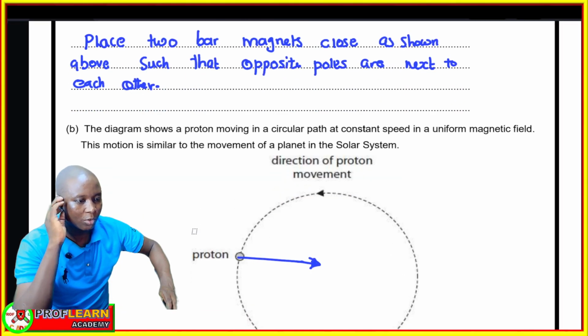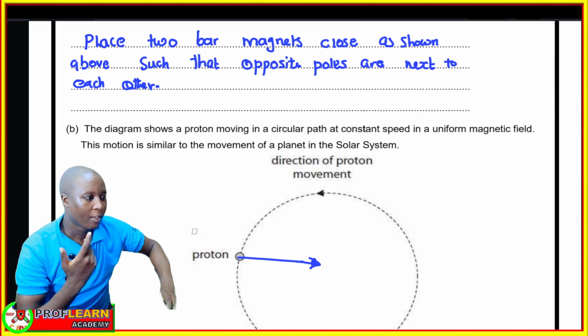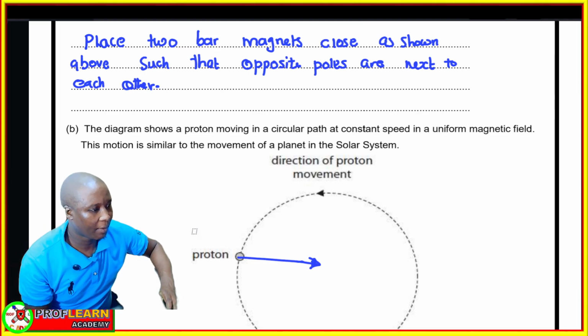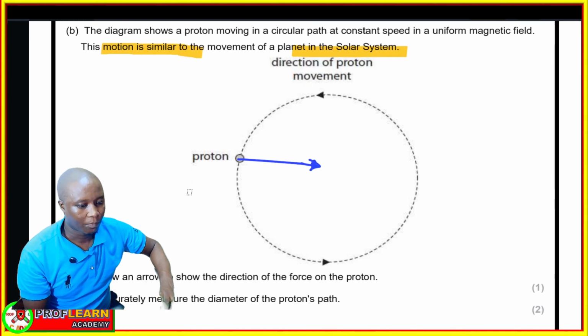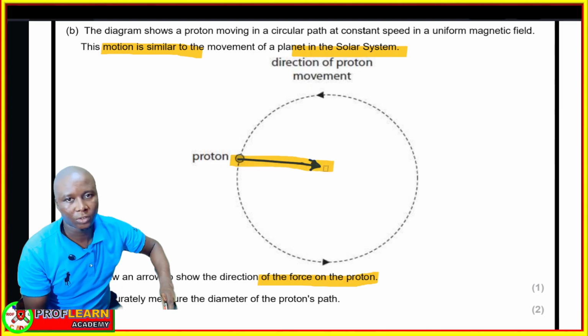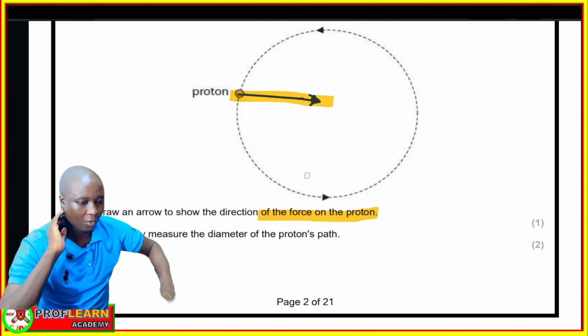And the diagram shows a proton moving in a circular path at a constant speed in a uniform magnetic field. This motion is similar to the movement of planets in the solar system. Now, draw an arrow to show the direction of the force on the proton. The force is a centripetal force, which is always directed towards the center of that particular orbit.